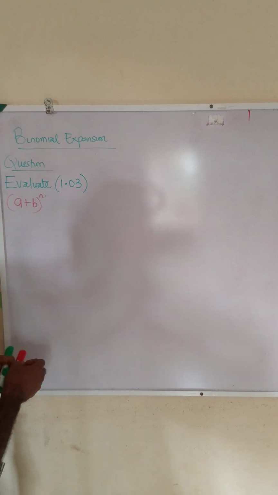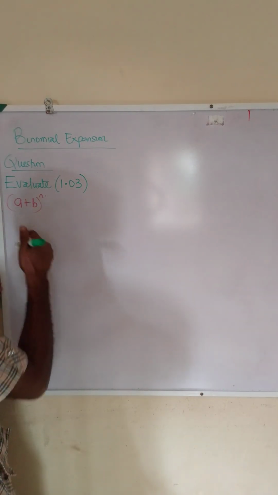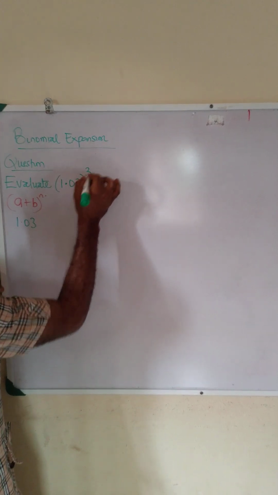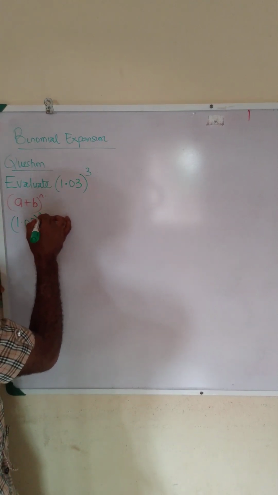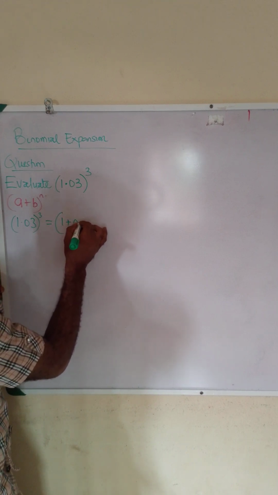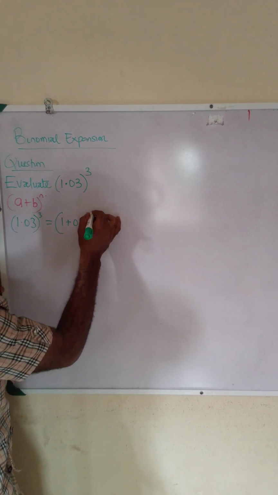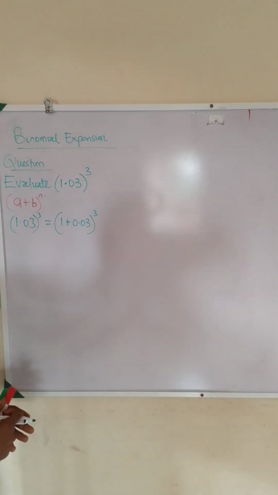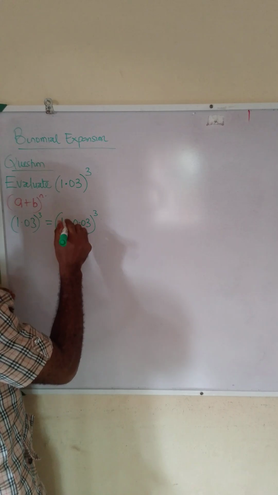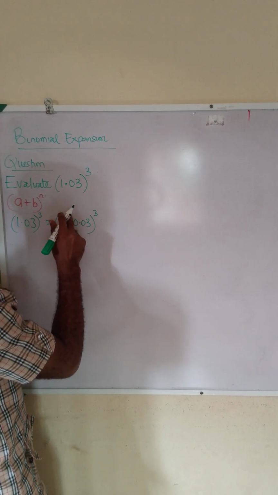So let's do it. 1.03, all raised to power 3, is equal to 1 plus 0.03 all raised to power 3. Yes, this is true, because 1 plus 0.03 gives me 1.03.